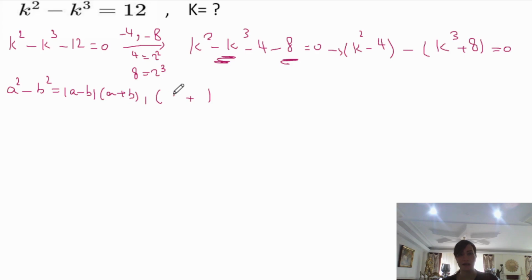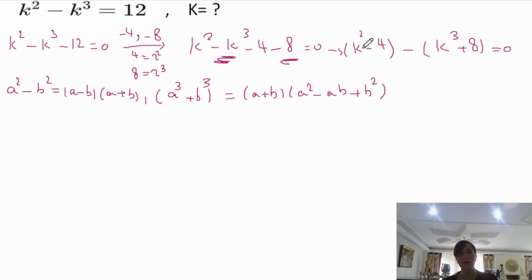If I have a cubed plus b cubed, I can write it as a plus b times a squared minus ab plus b squared.